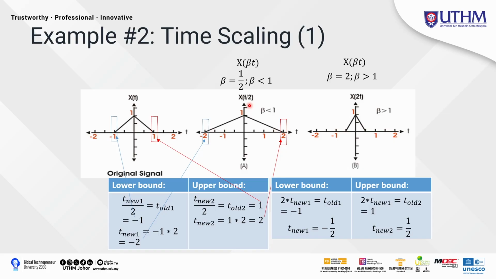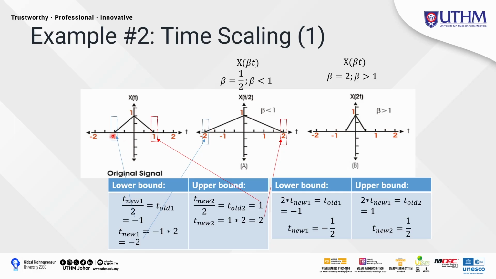We can use the formula: t over 2 is from the question. The scaling factor beta is 1 over 2. Because the question has t over 2, we put t over 2 here, and then equal to the old location.